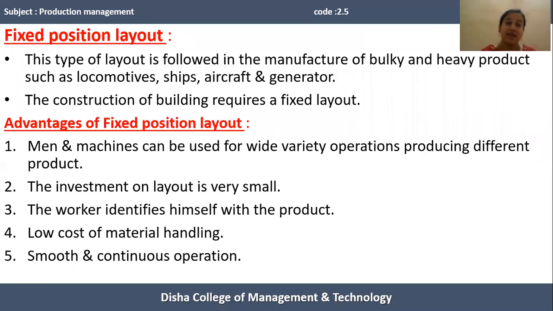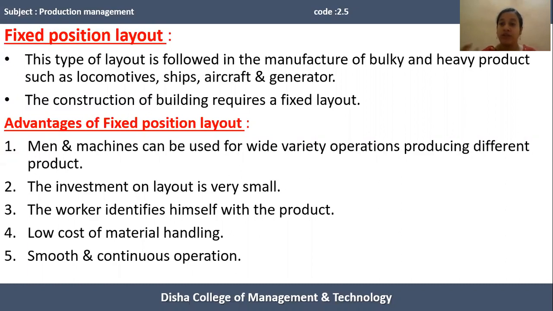So this type of layout is followed generally by the plant which produces bulky and heavy products like locomotives, ship manufacturing, aircraft, generators, etc. Construction of a building is also a type of fixed position layout.